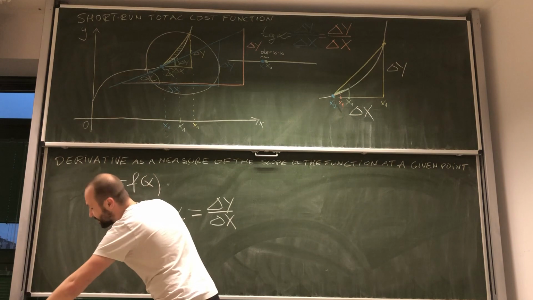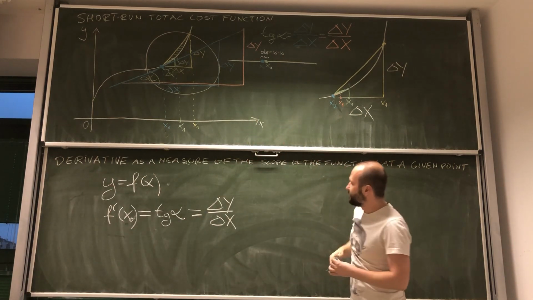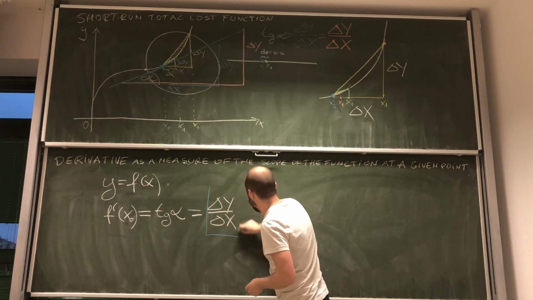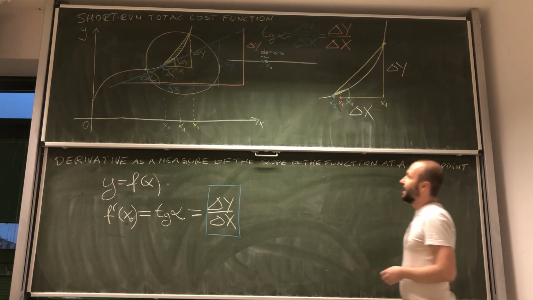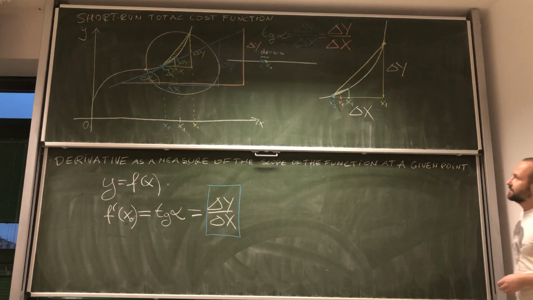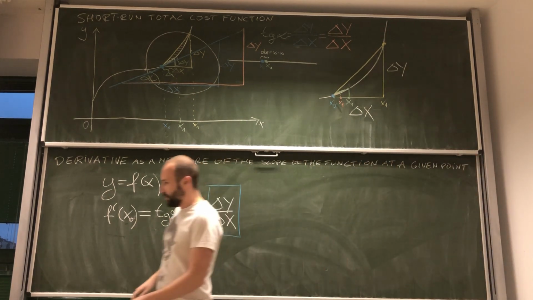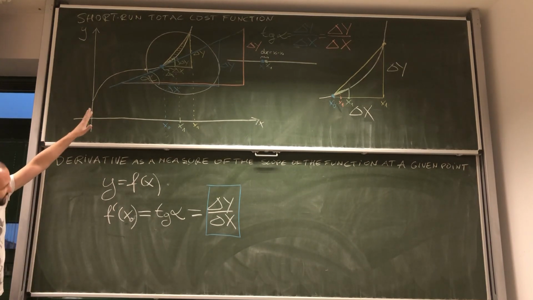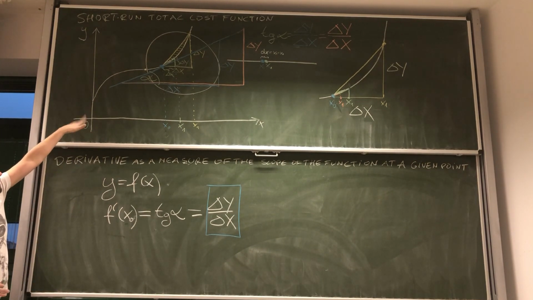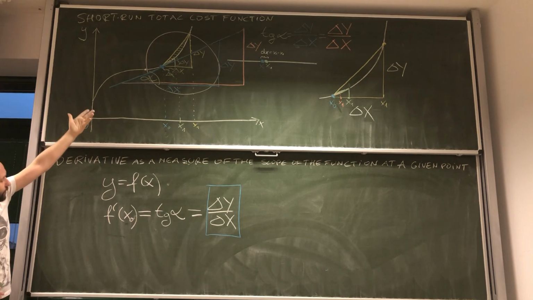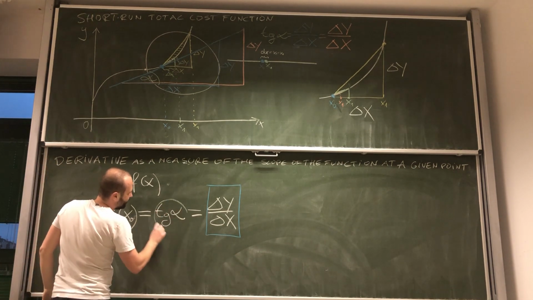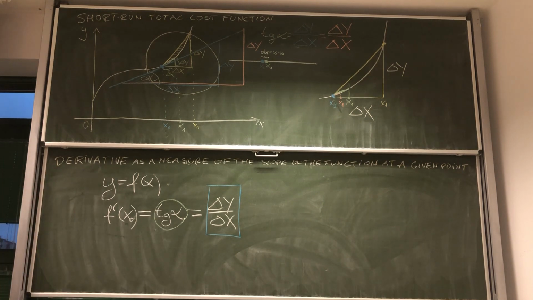But then, of course, from this graph, remember, this is the blue delta y over delta x. And of course, here we've got tangent alpha for the blue line, which I denoted with a green color.